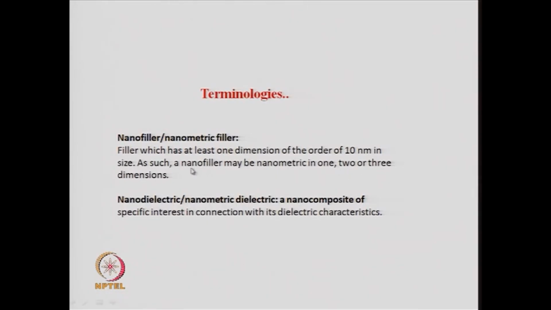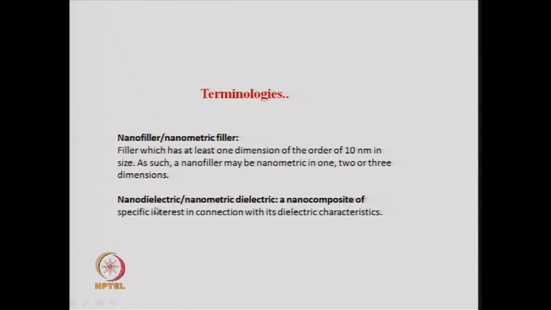So, you can have a material that is rod shaped, but one of the dimensions is 10 nanometers or 20 nanometers in size, and such a nanofiller can be nano sized in 1, 2 or 3 dimensions. So, if it is a nanosphere, that can also be a nanofiller. You can have a nano rod or a nano plate, all of them can be used as a nanofiller. So, this is the terminology.